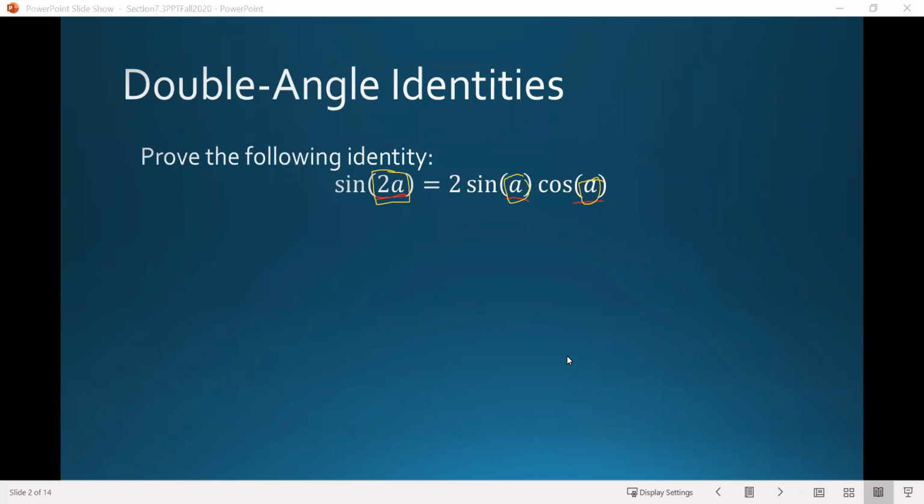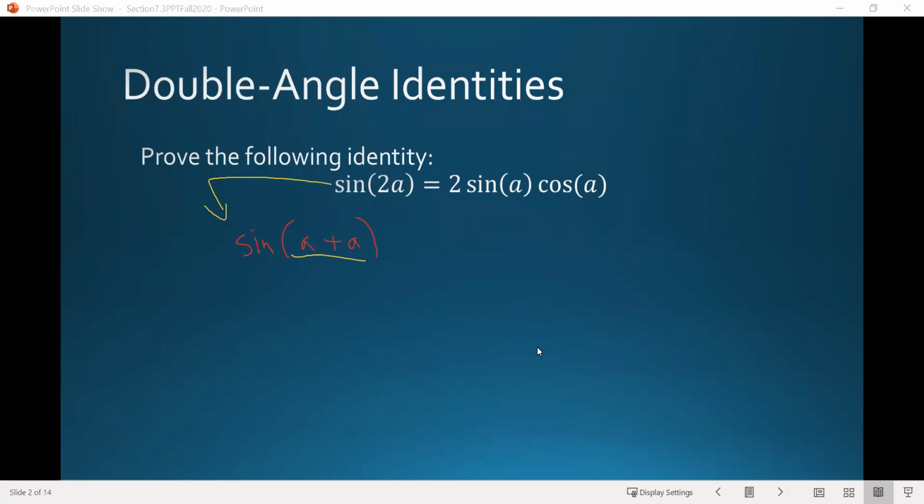So here's what we're going to do to solve this. We're going to start with the left-hand side, as we often do, which might not seem intuitive on this. Instead of sine of 2a, we're going to write it as sine of a plus a. And notice that's totally legal to do because a plus a is just 2a, right?